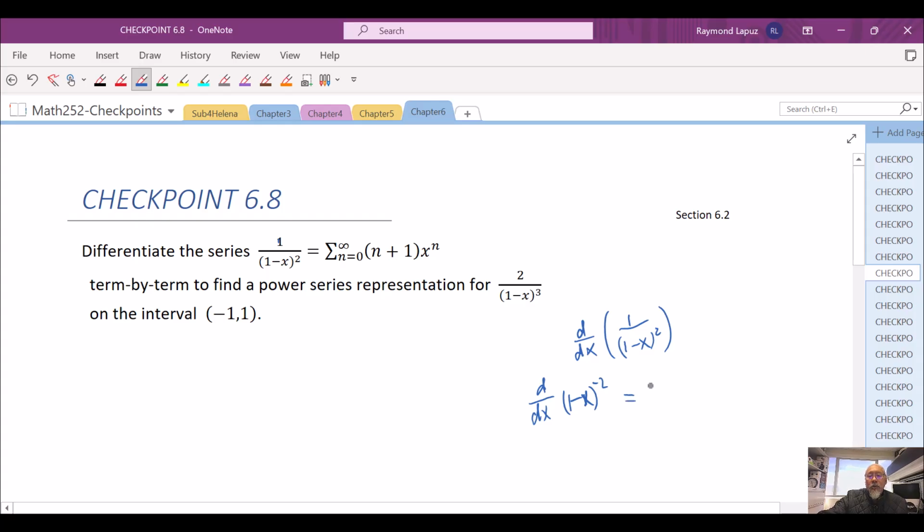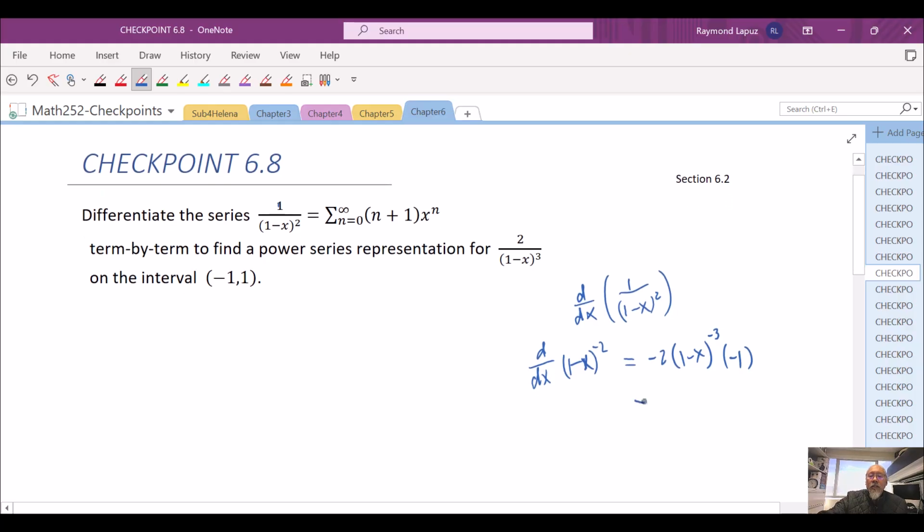And let's follow the rules. This is going to be negative 2, and then you have (1 minus x), subtract 1 from the exponent, so negative 2 minus 1 is negative 3, times the derivative of the inside, which will be an extra negative 1. So yes, this is in fact a positive 2 in the numerator and (1 minus x) to the third in the denominator. So that is in fact what we have. All right.